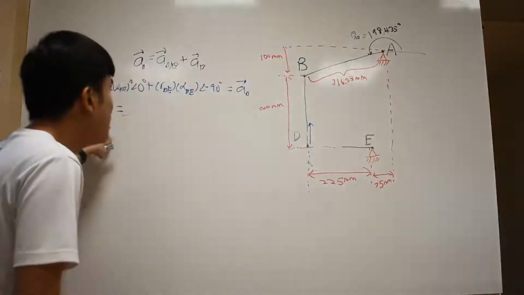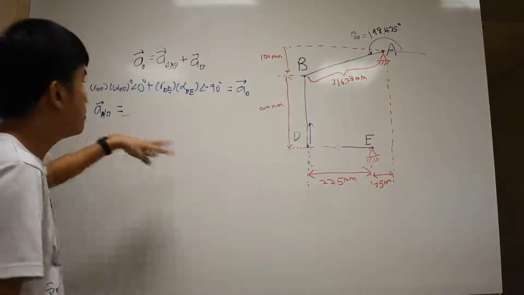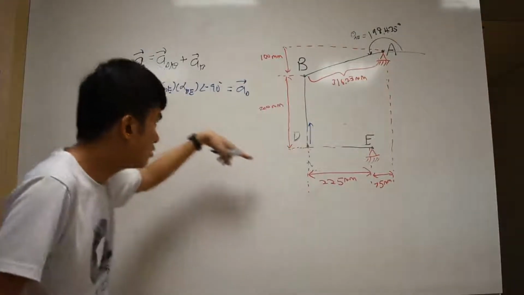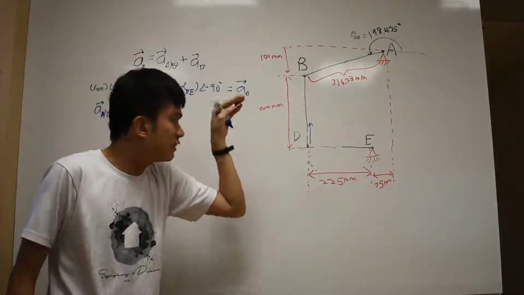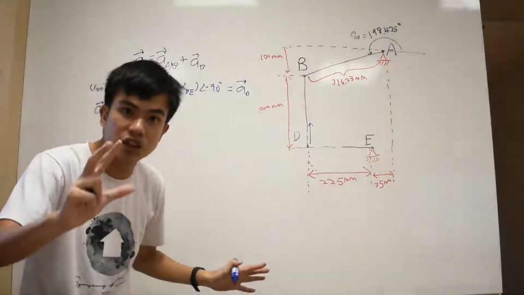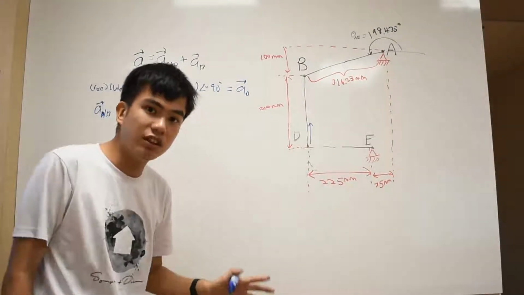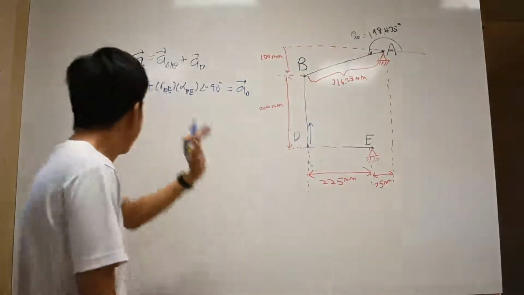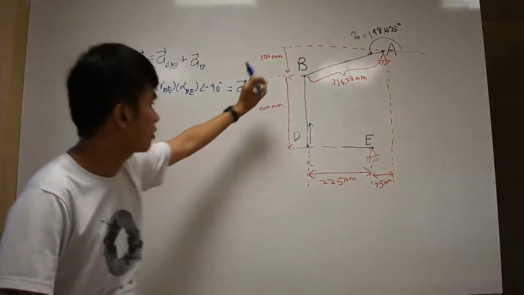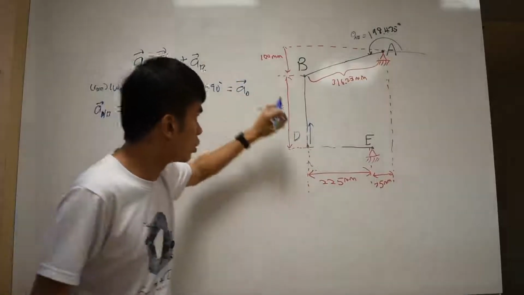From B's perspective, D is rotating around it, so D has a centripetal acceleration. Where is the centripetal acceleration directed to? Upwards, towards the center of rotation, which is B. So this is how it goes.